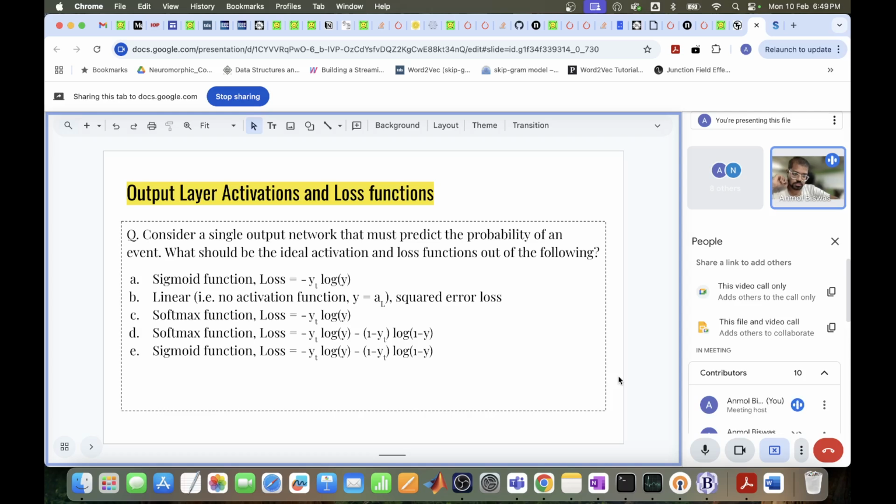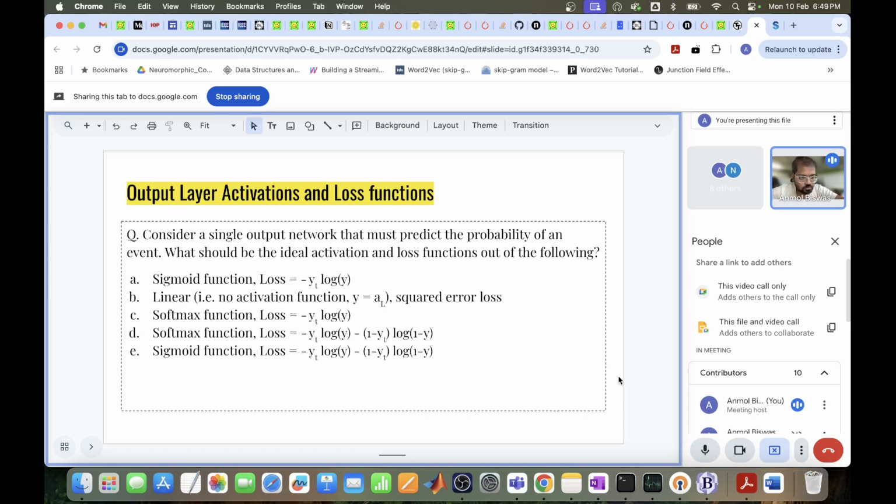This is a kind of setup where you are trying to predict whether something has happened or not, and that something is just one instance, right? So it could be that you are reading some document and you are trying to predict whether the sentiment in the document is positive.